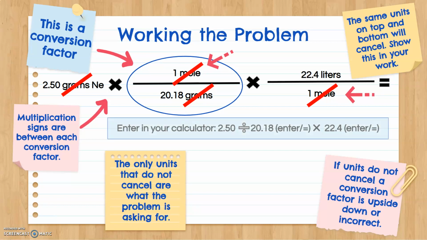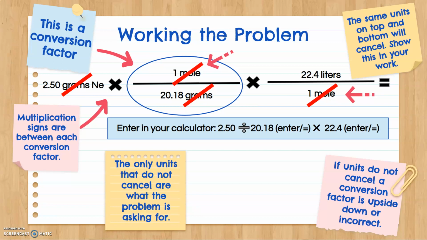All right, math, here we go. I'd put in my calculator 2.50. I'd then hit divided by 20.18, and I would hit enter. I would then hit multiply, and I'd type in 22.4, and then I would hit enter.